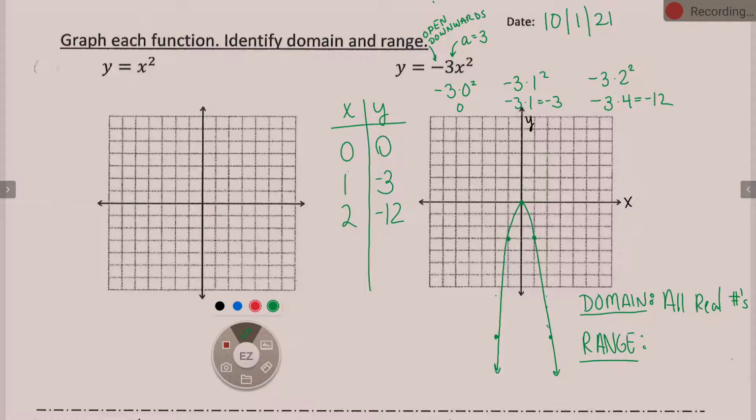Okay, range. Range refers to the Y values. So then on the y-axis, how low and high does my graph go? It goes smaller than 0. Okay, good. The mathematical way to say smaller than 0 is less than or equal to 0.